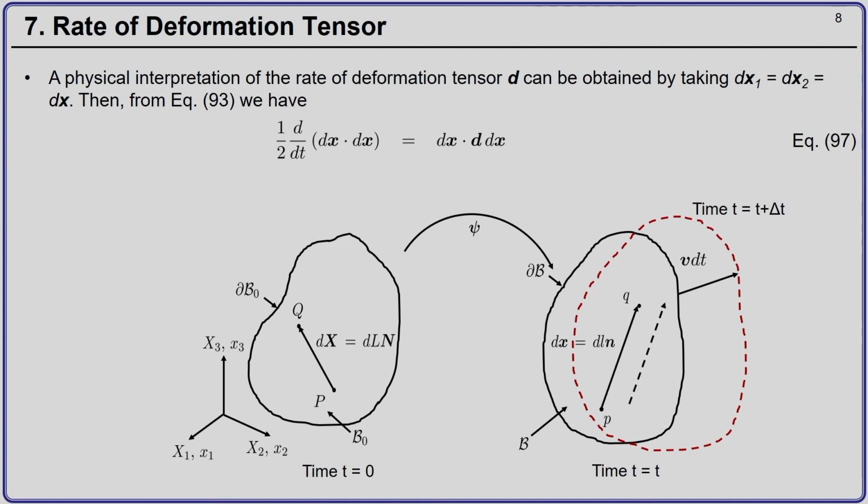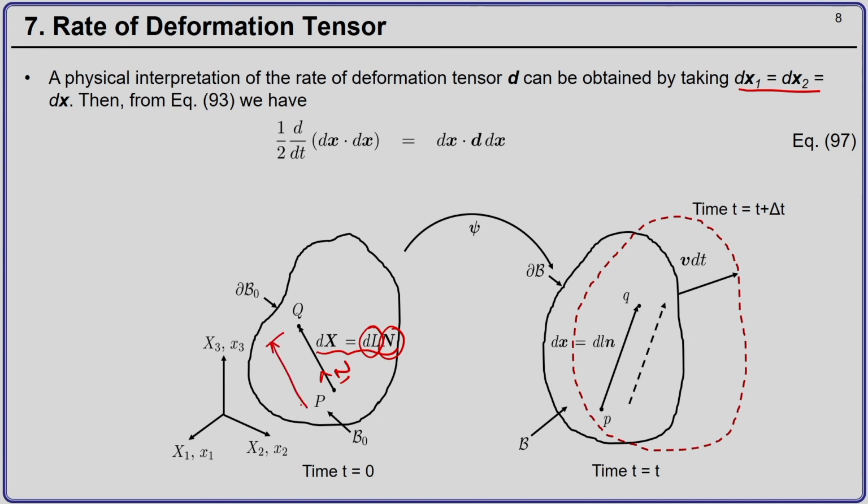just consider dX1 equal to dX2 equal to dX. So, instead of taking two material vectors, we take one material vector and observe what happens to its length. Let us consider a material vector dX given by dL into N, where N is the unit vector along the vector direction, and dL is the length of the vector.